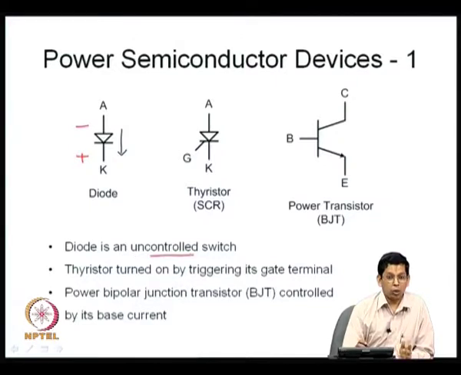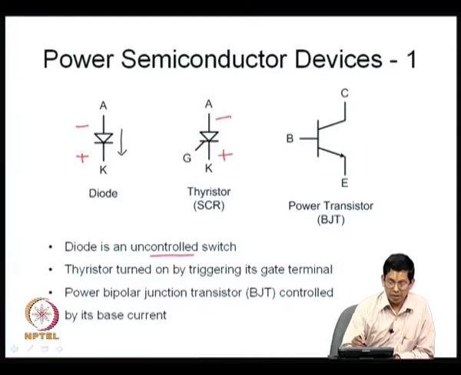Now, how about a thyristor? Well, it is easier to see that when it will be in its off state, when the cathode is positive with respect to the anode, the thyristor does not conduct and cannot conduct. Not only that, maybe the anode is positive with respect to the cathode, that is the other possibility.